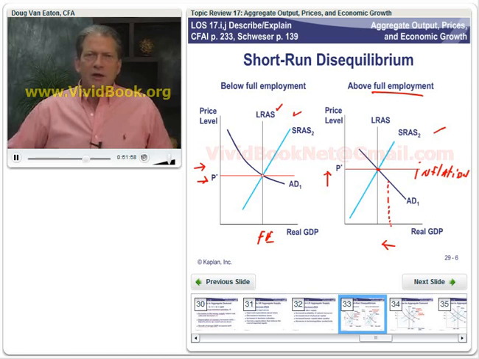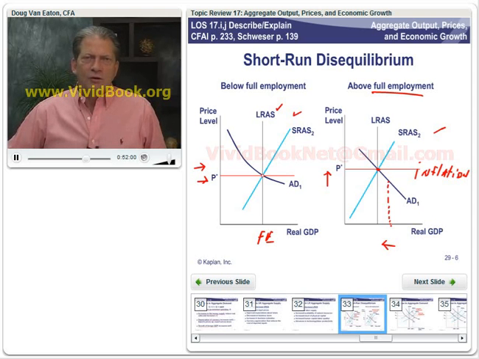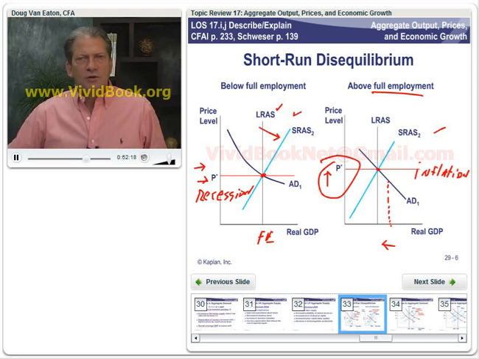On the other hand, with a recession over here, we had downward pressure on wages and other input prices, which shifted short-run aggregate supply this way as those prices fell and got us back to here. So the price level went up over here as we returned to equilibrium.